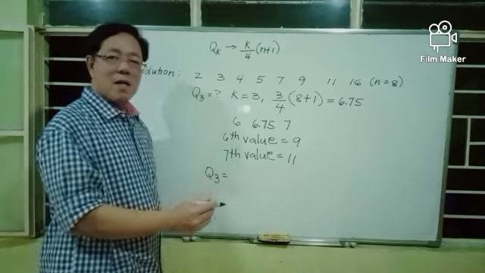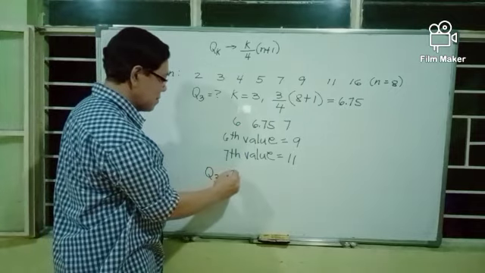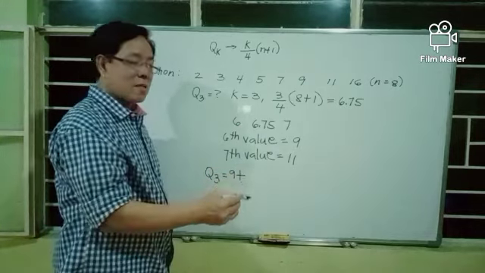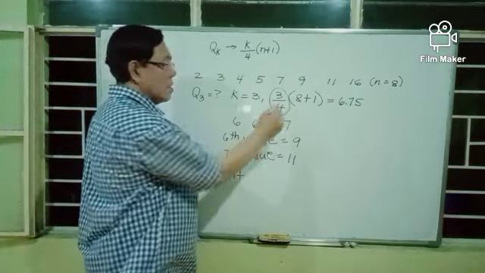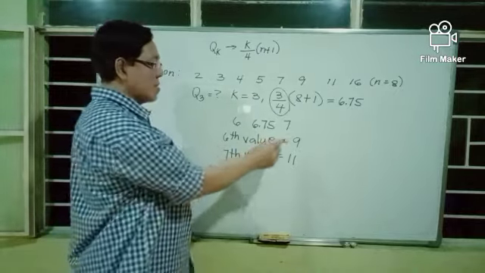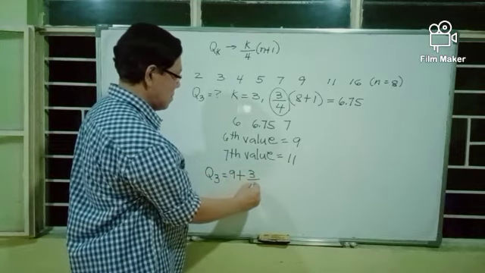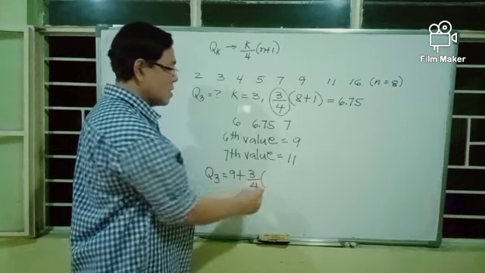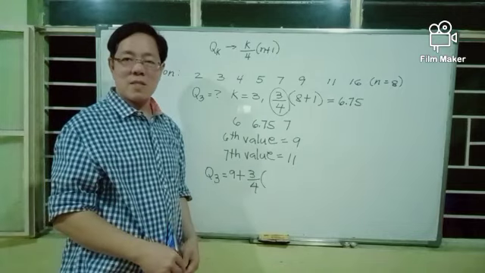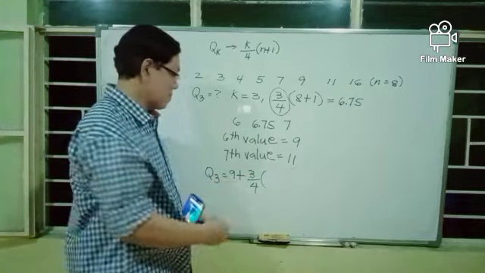The third quartile is greater than 9. You write 9 plus 3/4 of the distance between 9 and 11. The distance between 9 and 11 is given by the difference 11 minus 9.